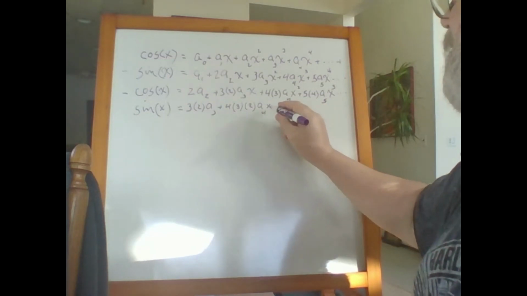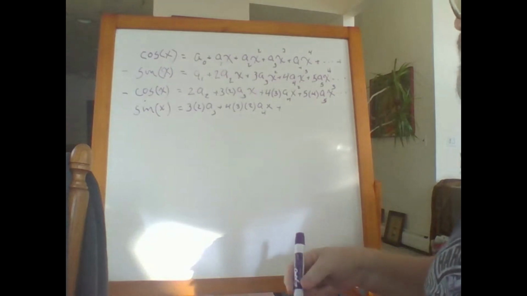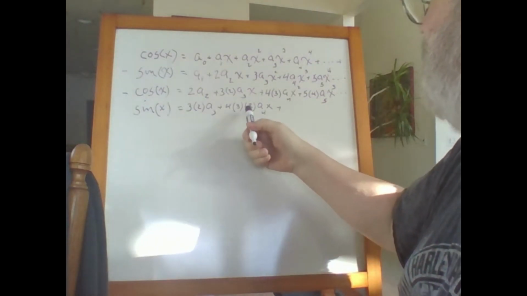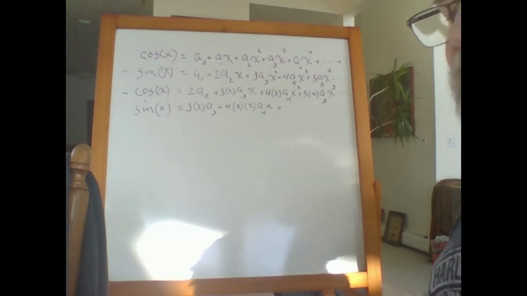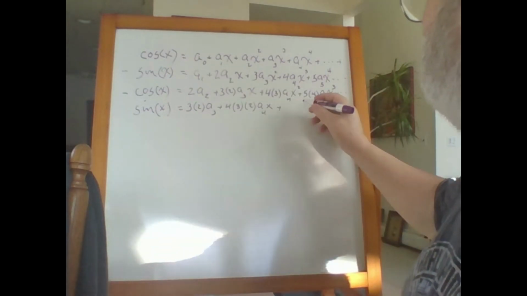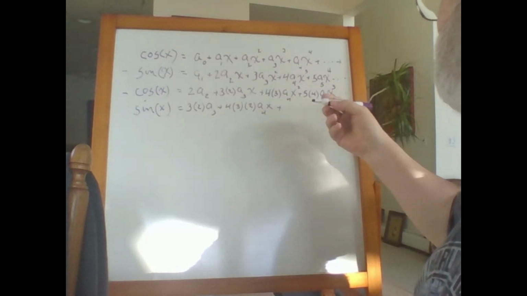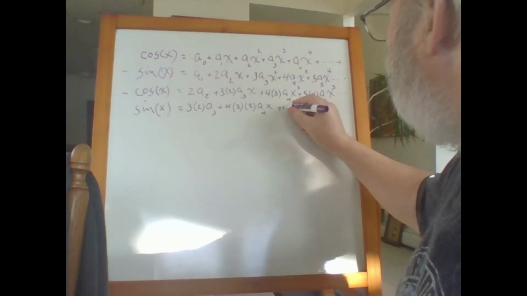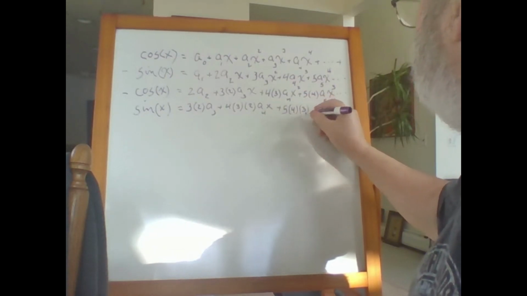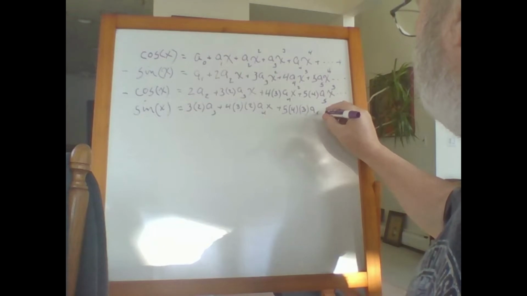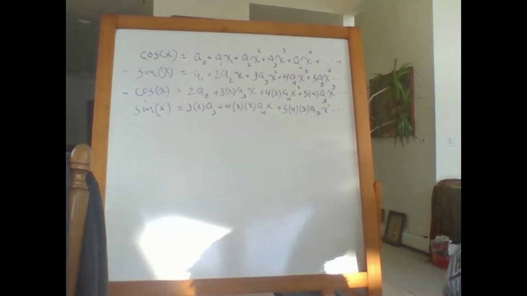See, our x's are going down in power, and our coefficients are increasing in magnitude by what we'll end up seeing is a factorial. Now we have 5 times 4 times 3 a5 x squared, dot, dot, dot.